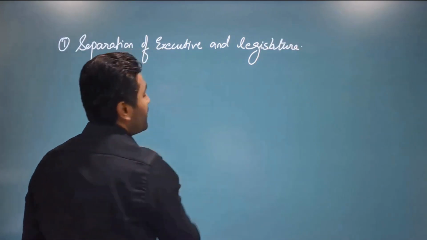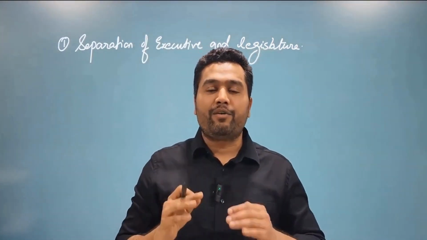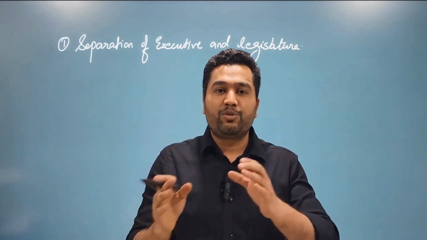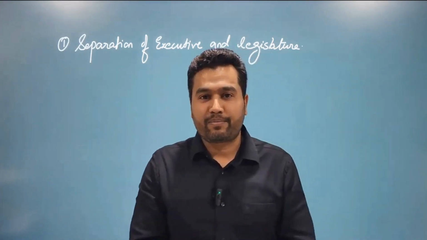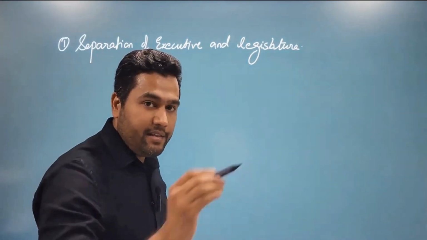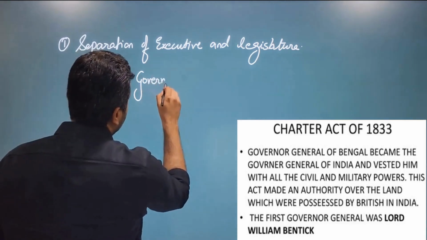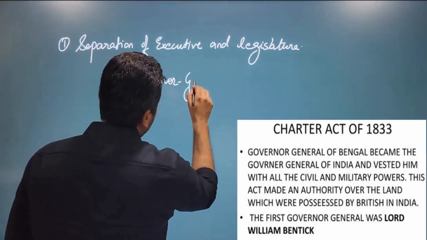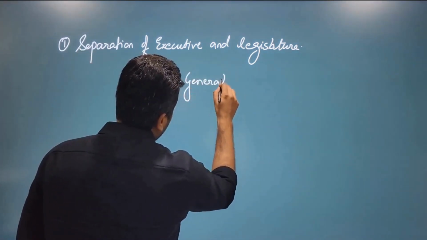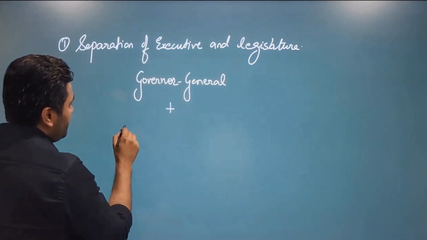In fact, if I were to trace the history of the Parliament of India, I would trace it to the Charter Act of 1853. Because as per the Charter Act of 1833, there was a Governor General, and he had 3 councillors.